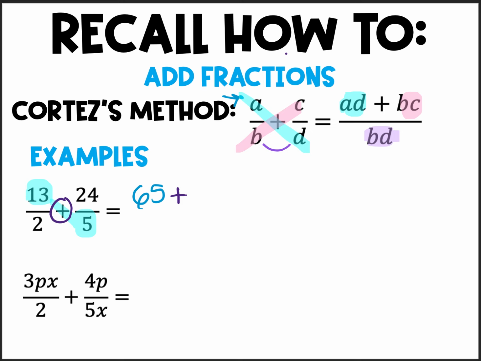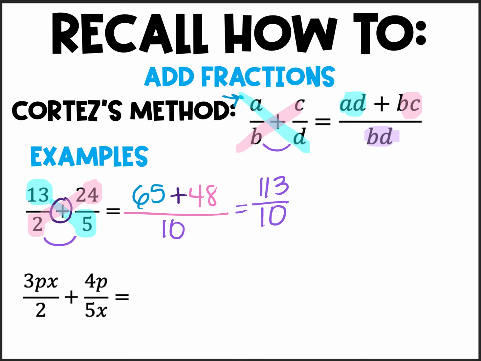Multiplying is straight, and dividing, we're going to review in the second slide. 2 times 24, that is 48, divided by 2 times 5, which is 10. This will give me 113 over 10.